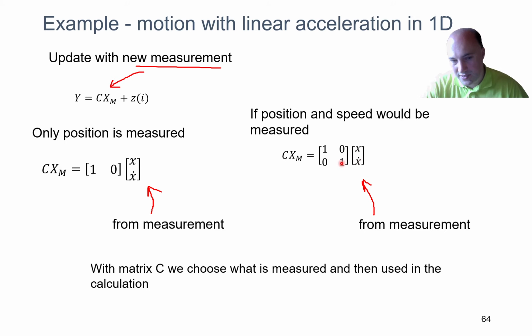So you can see that the format of the matrix C will vary based on what we actually measure. With the choice of matrix C, we can choose what variables we measure and what variables we then use only in the calculation.